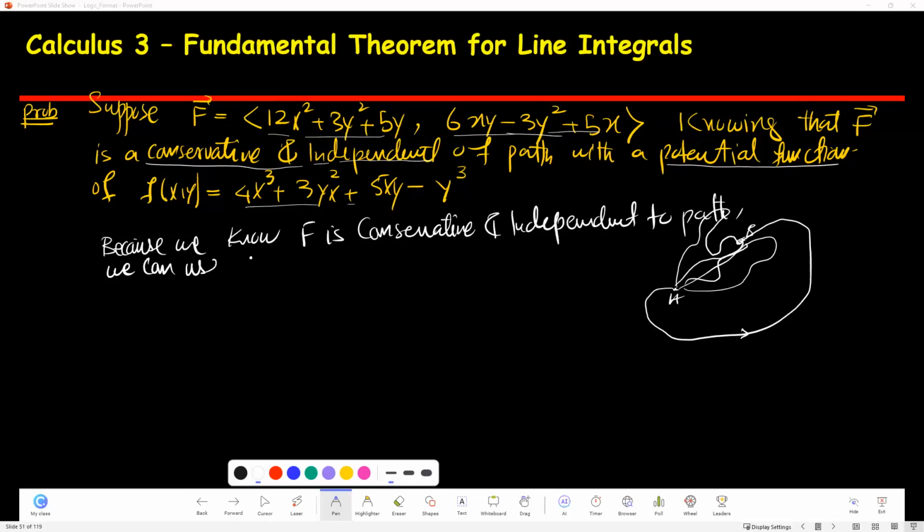We can use the fundamental theorem of line integrals.